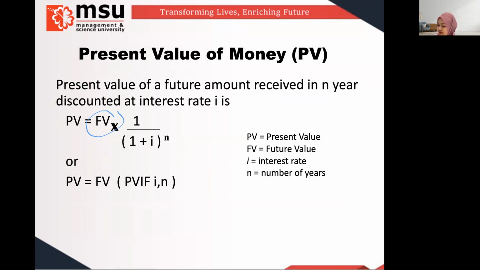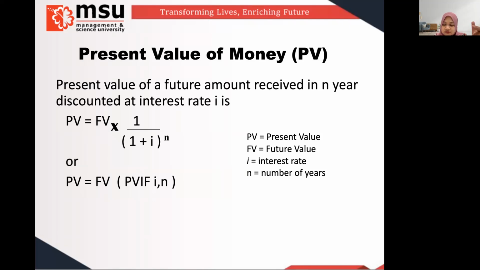That is actually the PVIF table formula. You can straight away calculate using the formula, or you can calculate using the financial table.